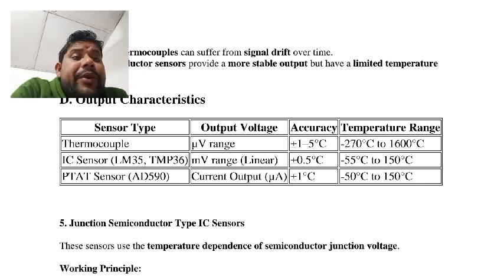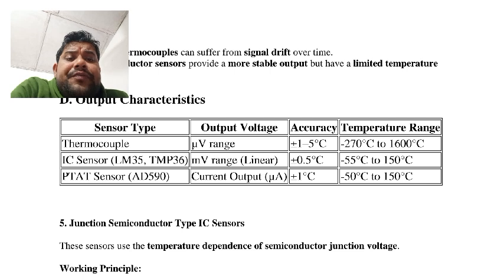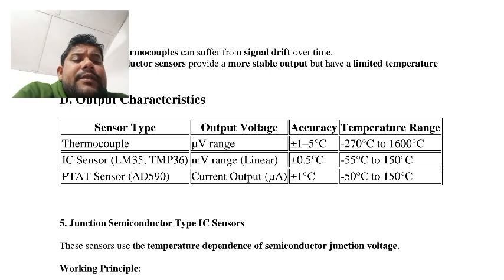For temperature range, a thermocouple covers minus 270 to 1600 degrees, the highest, while ICs are generally used from minus 50 to 150 degrees. PTAT, proportional to absolute temperature, is generally minus 50 to 100 degrees Celsius.